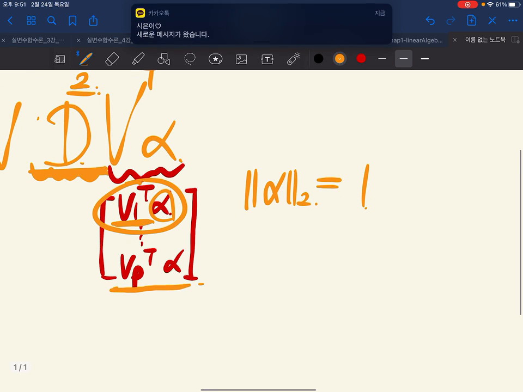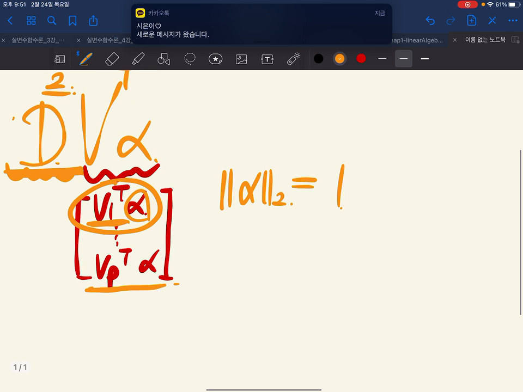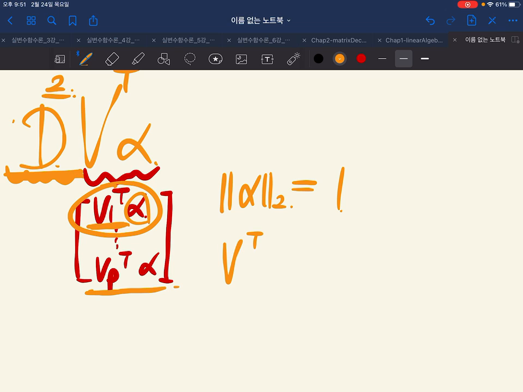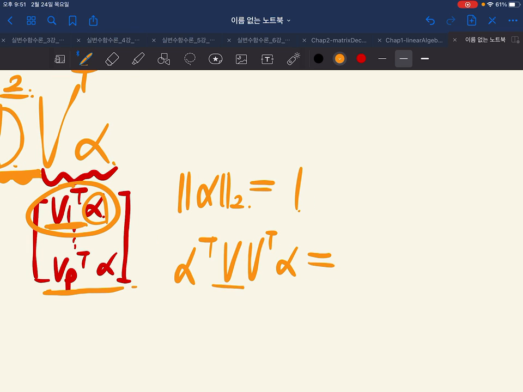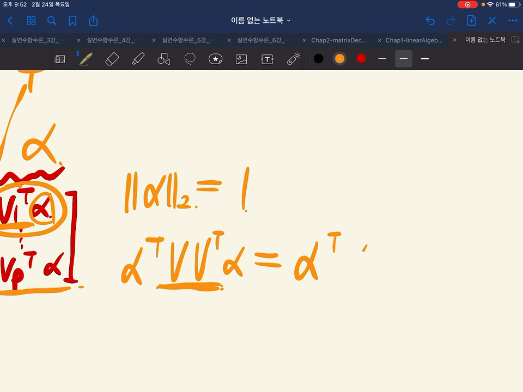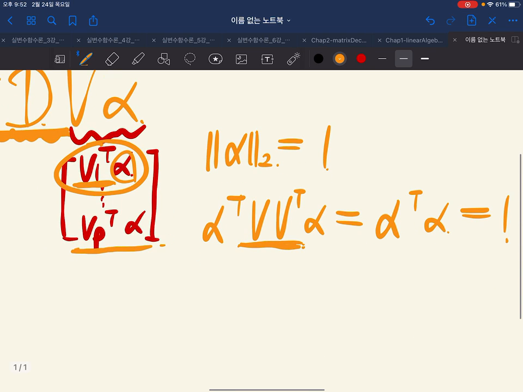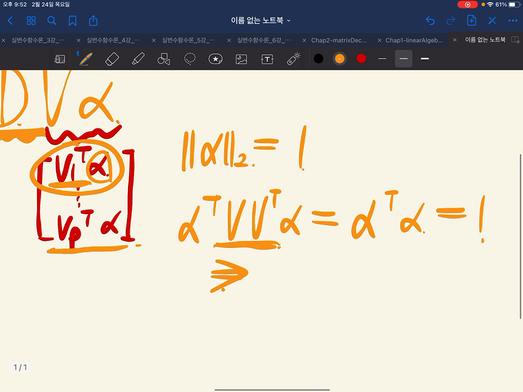And if we think of the norm of V transpose alpha, since V is an orthogonal matrix, the product of the orthogonal matrix and its transpose reduces to alpha transpose alpha, which is 1, which means that its norm is also 1.